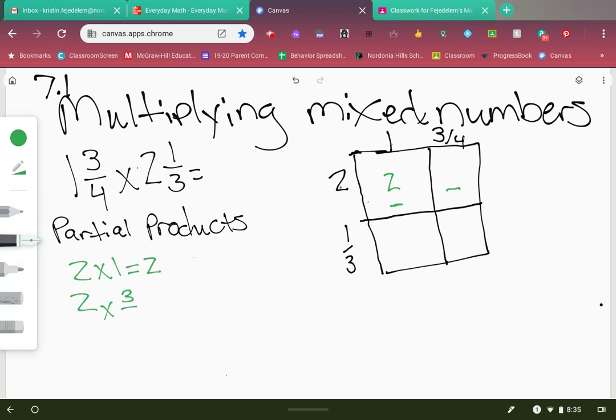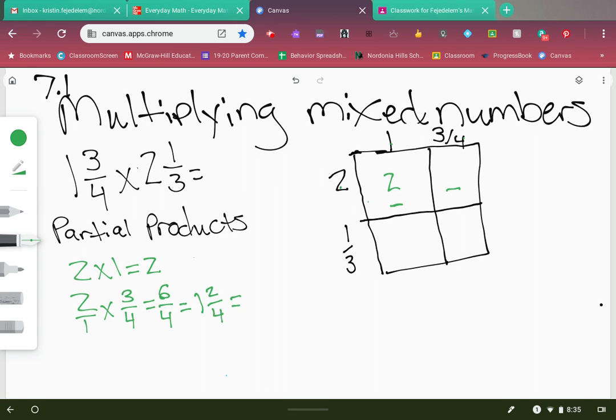So remember, when you're multiplying a whole number with a fraction, you put a 1 under your whole number and multiply across, which gives us 6/4. Let's simplify that. 4 can go into 6 one time with 2/4.